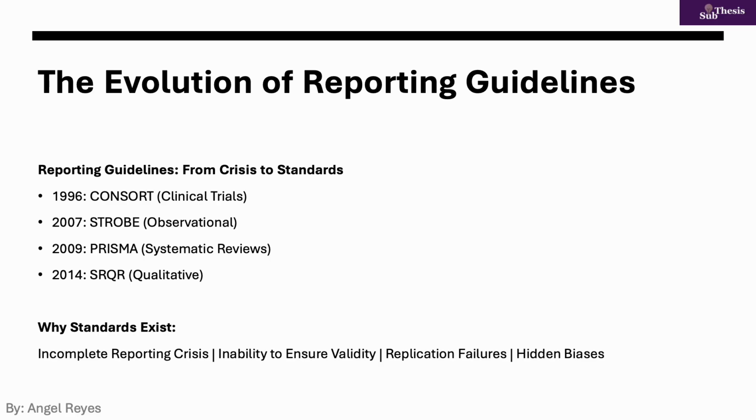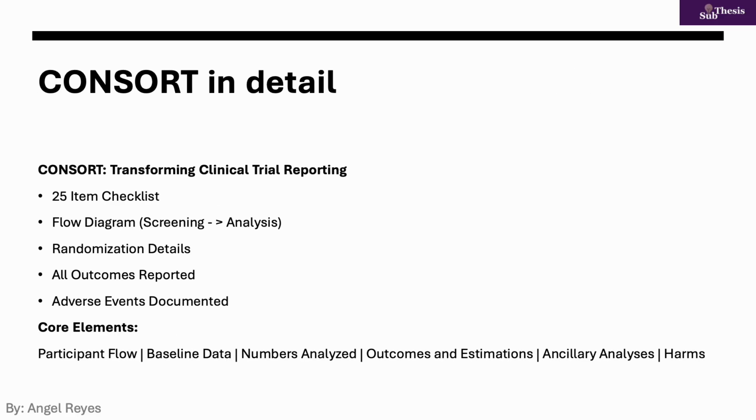CONSORT transformed clinical trial reporting with 25 items covering title through discussion. But its centerpiece is the flow diagram, showing exactly how many people were screened, randomized, treated, and analyzed.